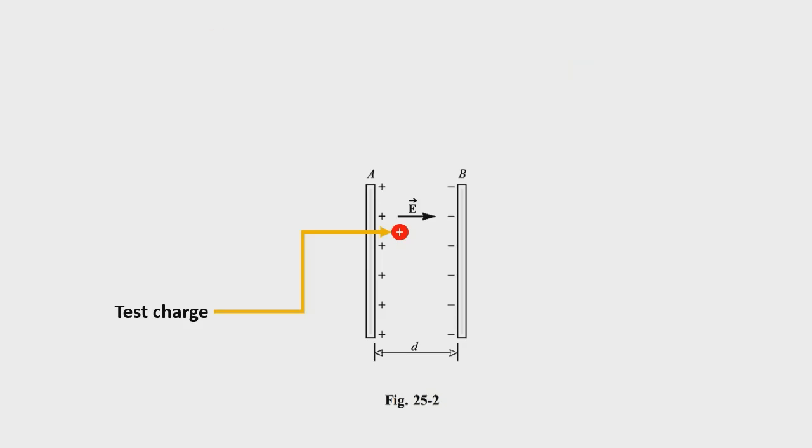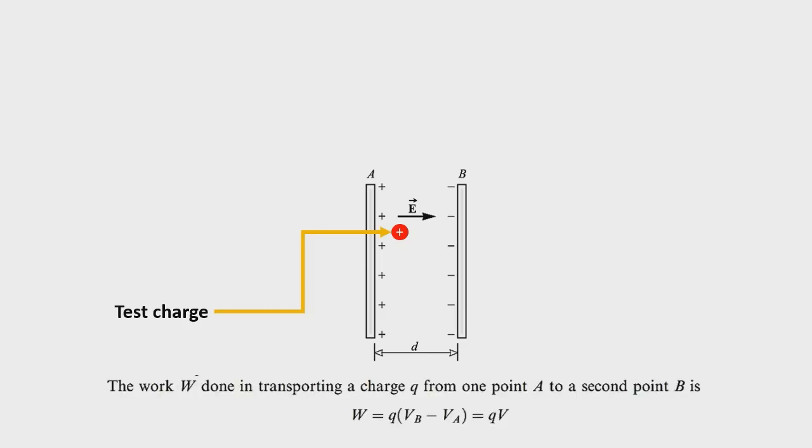So to calculate the work done by moving the test charge from B to A: by default, the work done in transporting the charge is from point A to point B, but in this case it's from point B to point A, so it is given by the formula W, the work, which is equal to the charge multiplied by the final position, which is B, minus the initial position, which is A. So that's the voltage.